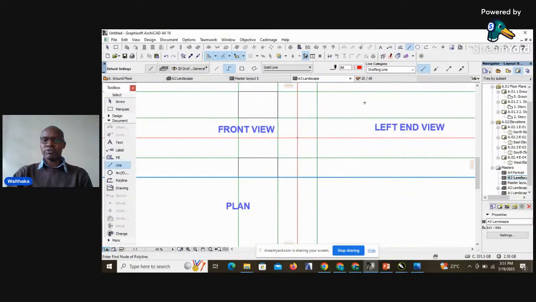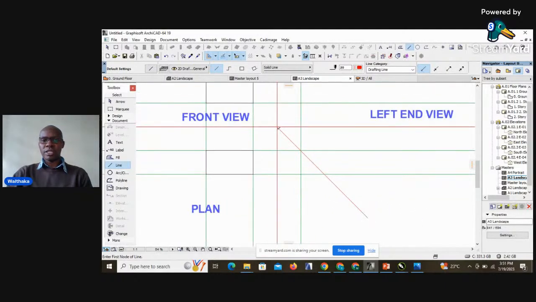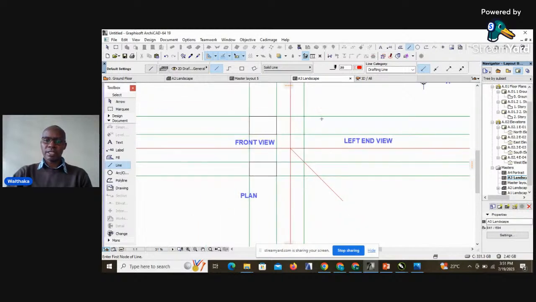Sorry, just use a straight line that has no joints. So this line will help us to generate the end view at this point.